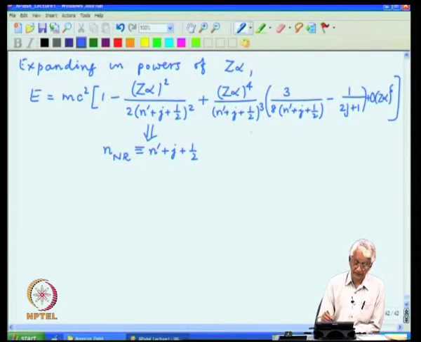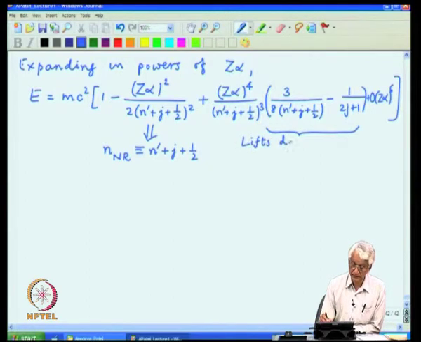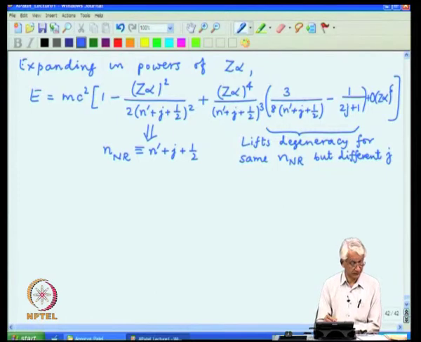It will separate the degeneracy between the same value of n, so this one lifts the degeneracy for different values of j.